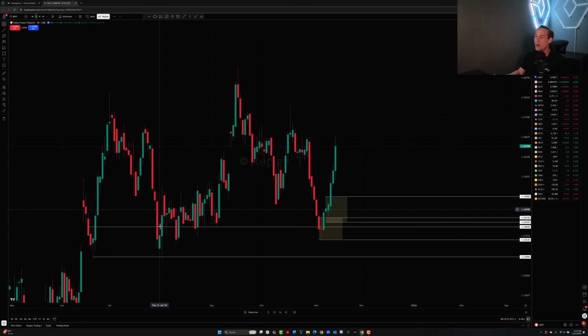And the more unfilled orders are getting consumed by a zone, the weaker the zone becomes. And at some point, the entire zone is consumed, exhausted, the unfilled orders are completely gone, and then the zone will fail.